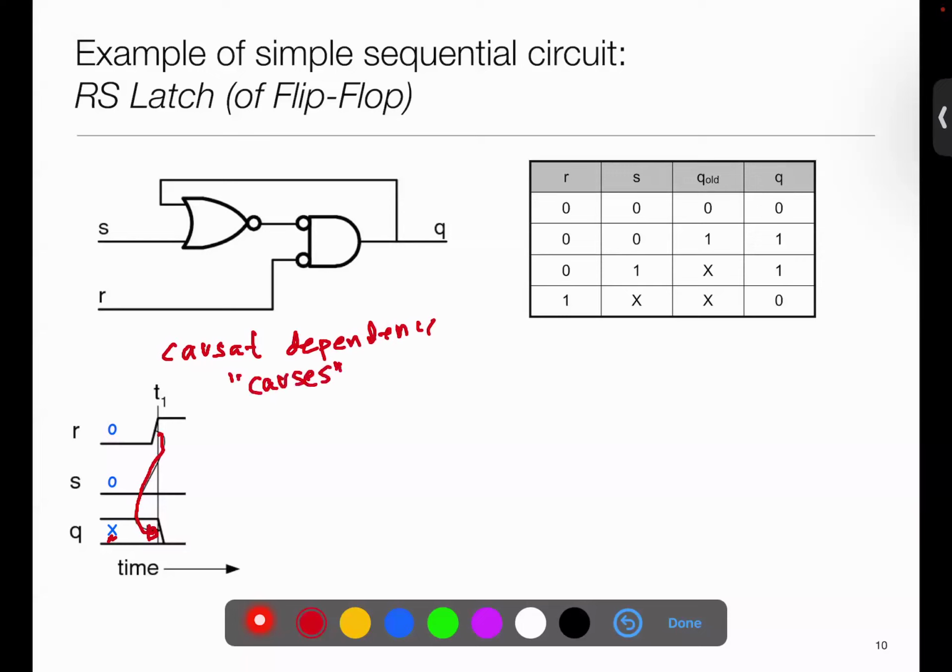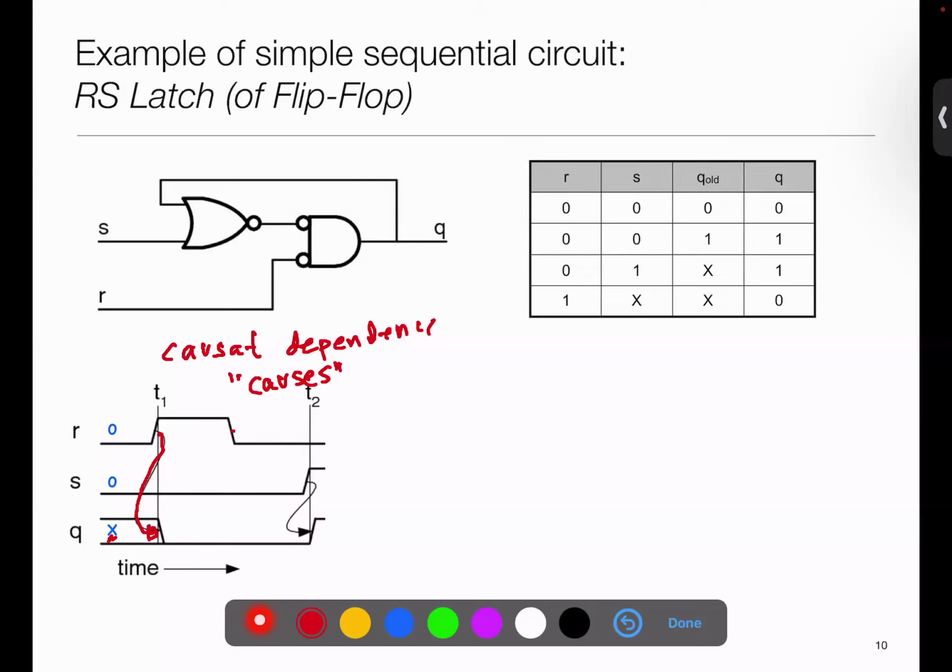So R going 0 to 1 causes Q to become 0. If Q was already 0, then of course Q remains 0. But if Q was 1, it will become 0. Let's move on. Let's say at a later point in time, R goes back to 0. Well, that shouldn't change anything, because if R is 0 and S is 0, Q holds its value.